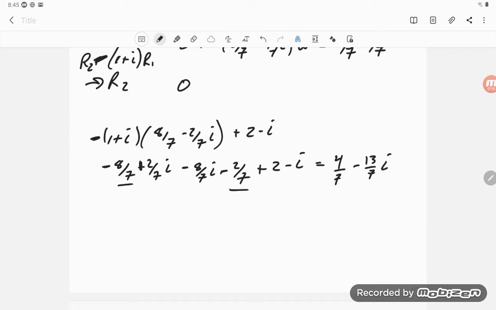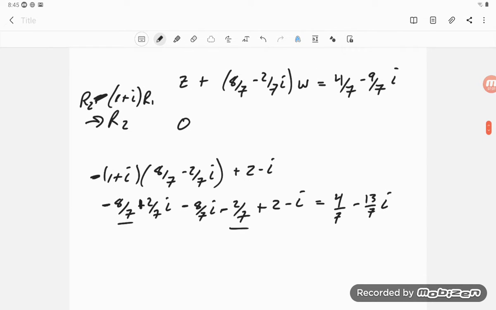Okay, so I think that sounds better. So I can come up here, and again, for now, I'll keep the w in there. So we have plus (4/7 minus 13/7 i) times w equals.